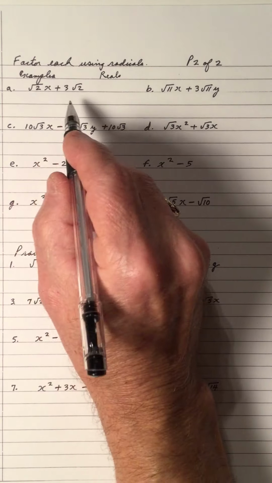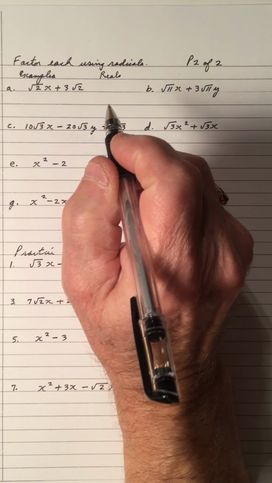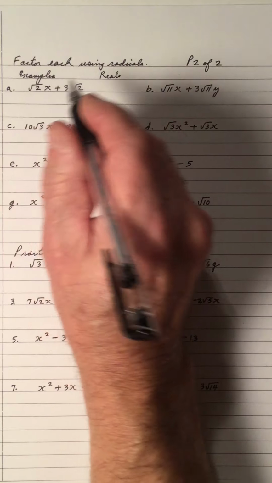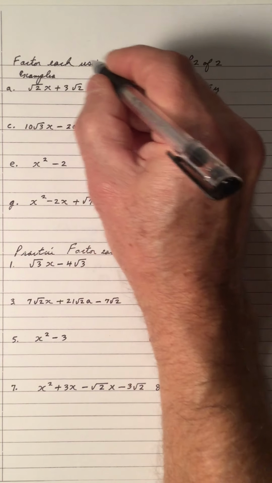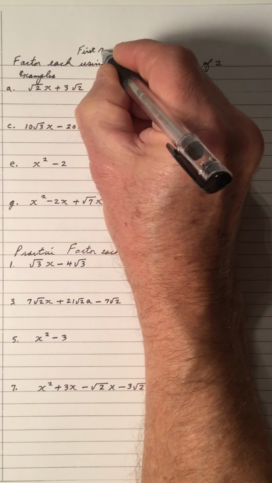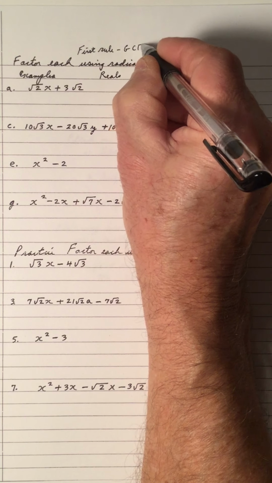But now we have irrational numbers, so we're factoring over the reals. And that means that I can take out a common factor by GCF. Notice there's a GCF, so that's the first rule in factoring. So when we go to factor, the first rule is look for the GCF.